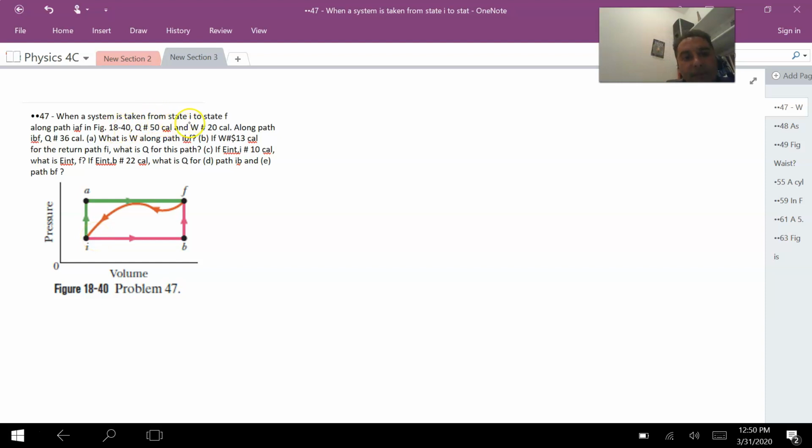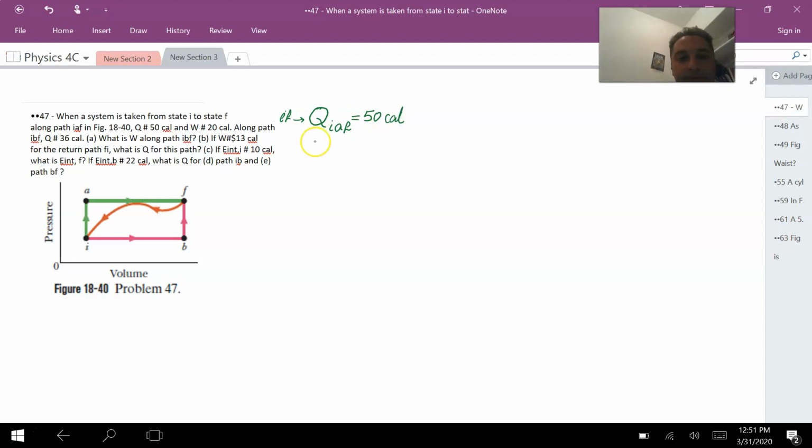When a system is taken from state I to state F along path of IAF, you see the arrows in the figure below, Q is equal to 50 calorie. So I'm going to write Q for the path of IAF is 50 calorie.